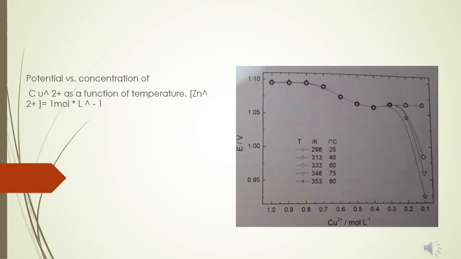The second, from 0.8 to 0.4 mole per liter, shows an approximately 4% decrease in cell potential with copper sulfate concentration decrease, all independent from cell temperature. Finally, the third region comprises copper concentration lower than 0.4 mole per liter, where the cell potential drops drastically, mainly for high temperatures.